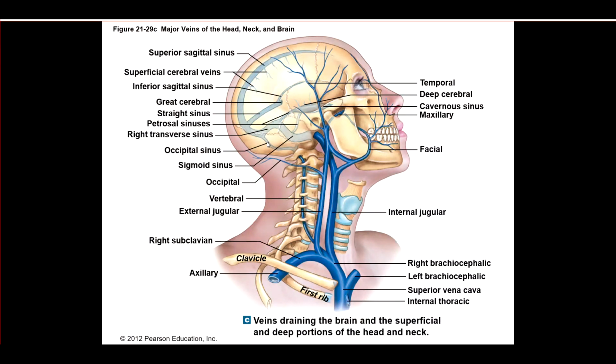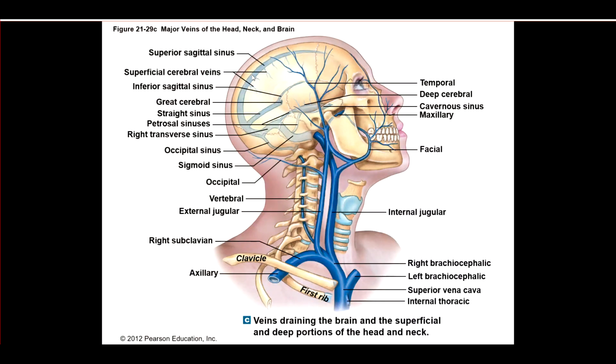And then ultimately all these sinuses unite to form this one right here called the sigmoid sinus. That sigmoid sinus is now going to become the internal jugular vein. If you remember from A&P1, this hole right here was a kidney bean shaped hole called the jugular foramen. And that jugular foramen is where the sigmoid sinus gives rise to the internal jugular vein, right?